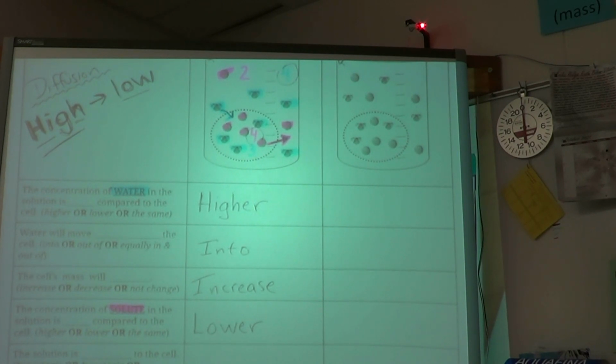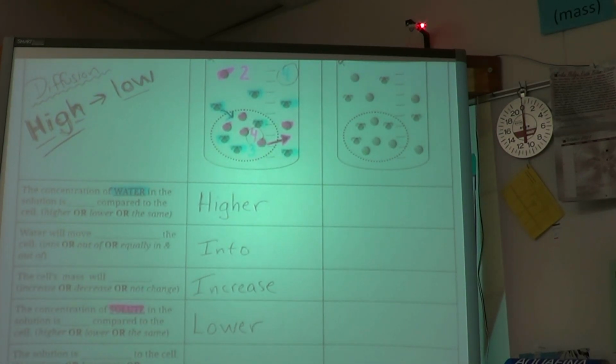Okay, so it's lower on the outside, right? Now, terminology-wise, is this solution hypertonic, hypotonic, or isotonic? Now, before you answer, what does the prefix hyper mean? Above normal, right?